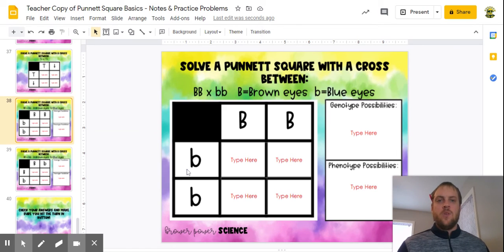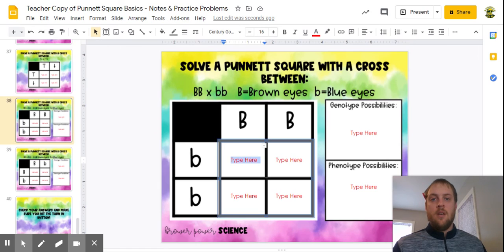Because it's asking you to give me the genotype and the phenotype possibilities. So I'm going to fill out this Punnett square real quick for you. But again, just a reminder, we take each of the alleles, each version of the trait, and just fill in the boxes. So boom, boom, straight across. Well, I like to do the capital letters first. So I'm going to do big B. So we're taking the top parent first.